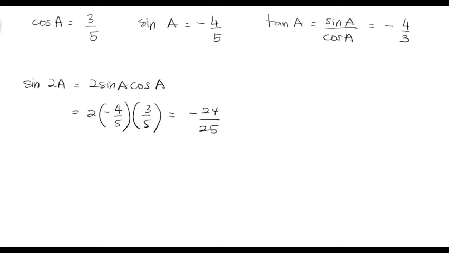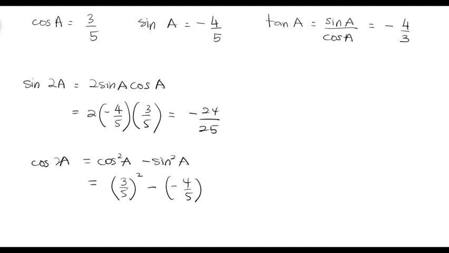Next, we can find the double angle for cos. We choose cos squared A minus sine squared A. Substitute 3 over 5 squared minus negative 4 over 5 squared. So we get the value for double angle for cos is negative 7 over 25.